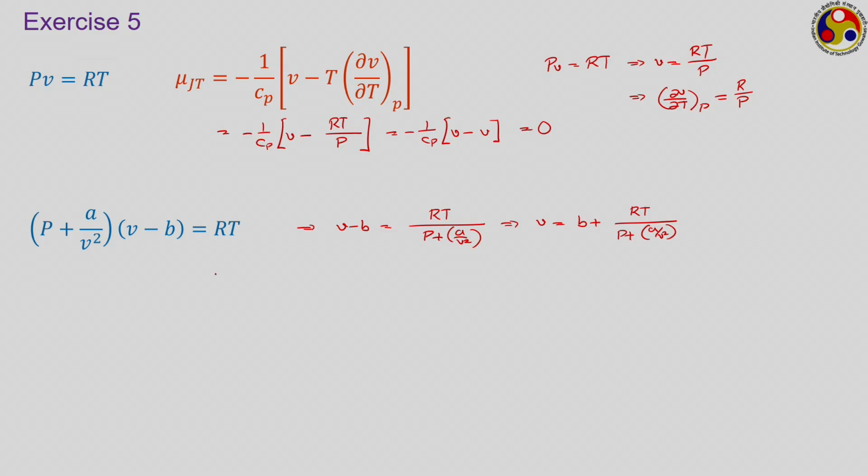So, if we differentiate this with respect to temperature, maintaining pressure constant, that is (∂V/∂T) at constant P, what will it be? b and a are constant here.